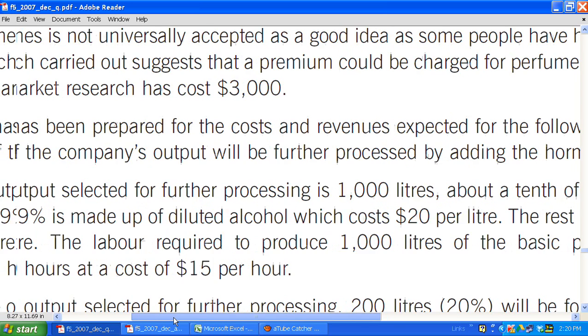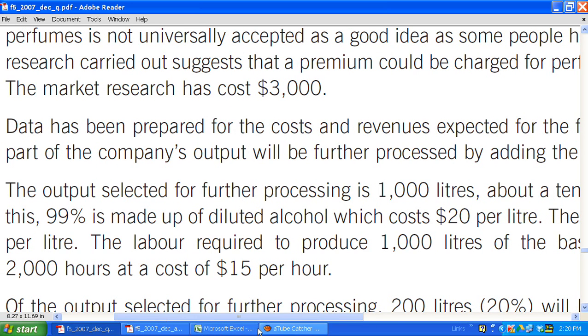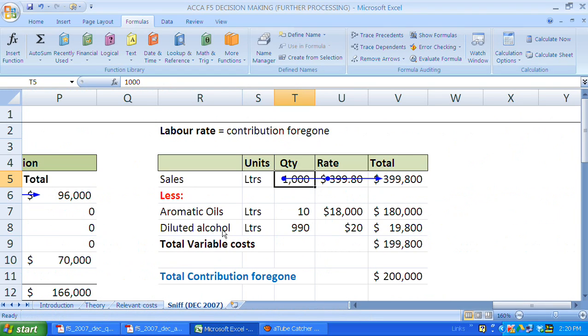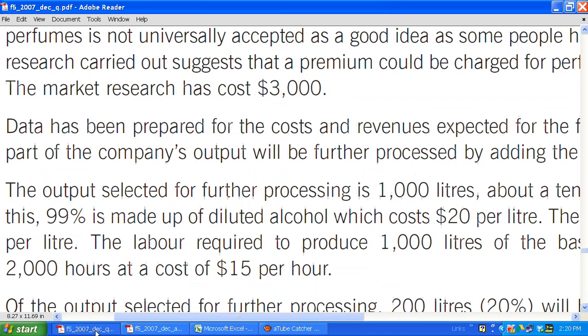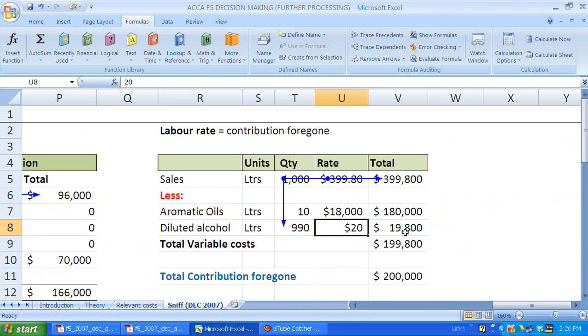So diluted alcohol is 99% of 1,000, which is 990 liters, and the rate is 20. The rate is right here. That means the total cost of diluted alcohol is 19,800.